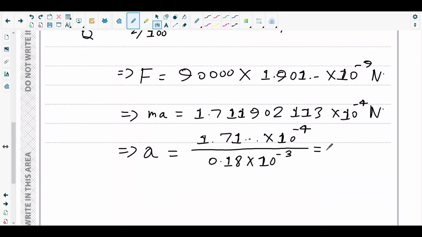So 1.71 times 10 to the power minus 4 divided by 0.18 over 1000 gives you 0.951056 meter per second square, which is greater than 0.8 meter per second square.